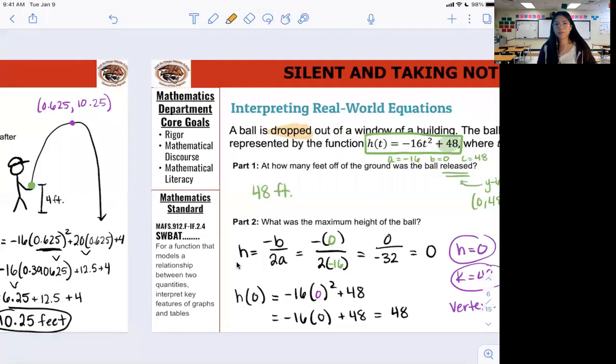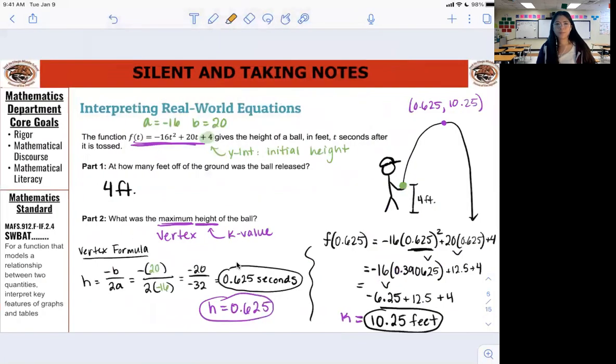So let's look at the previous problem because it's a little different. In this case, what are they doing to the ball? Is it dropped or is it something else? Tossed, yeah.